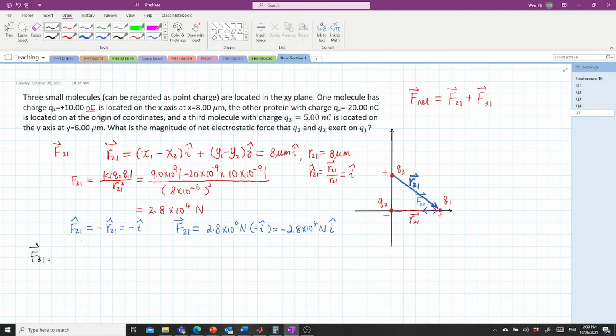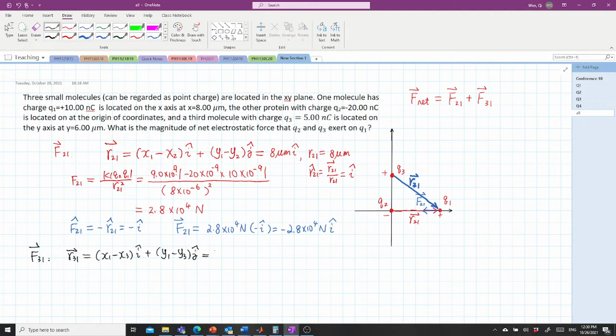R31 should equal x1 minus x3 i hat plus y1 minus y3 j hat. As you see, if I write the subscripts in the correct order, we can easily figure out how to write this equation for the vectors. So 3,1 should be x1 minus x3 and y1 minus y3.